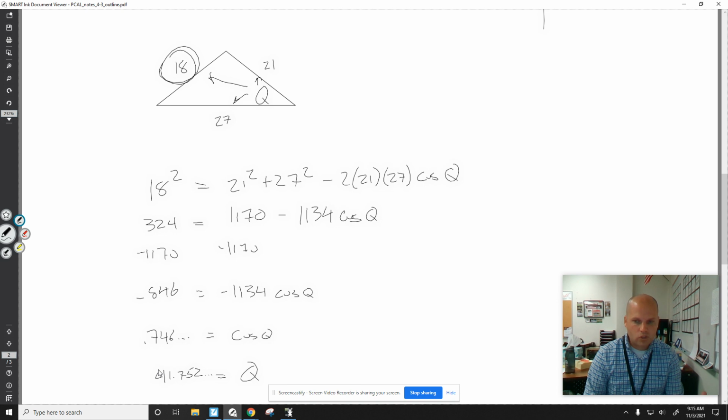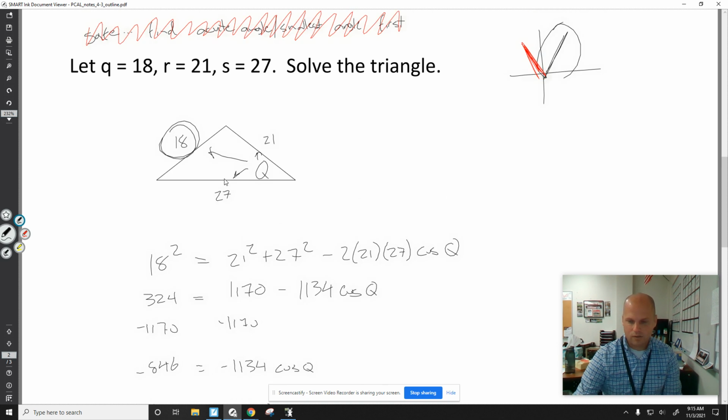So if you start using the law of cosines to find an angle, it's probably safest to find another angle that you're missing using the law of cosines. I now have this opposite Q 18 relationship. I could use the law of sines now, but because sine could be in the first or the second quadrant, it's safest to use inverse cosine.